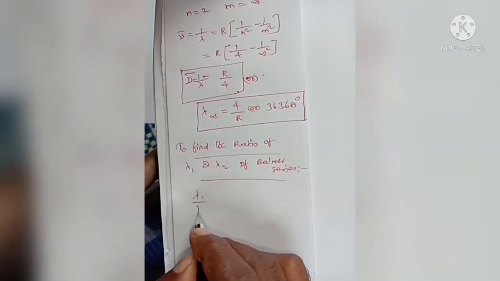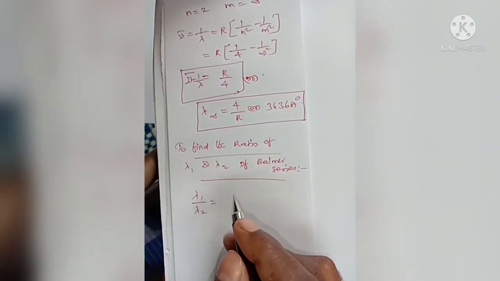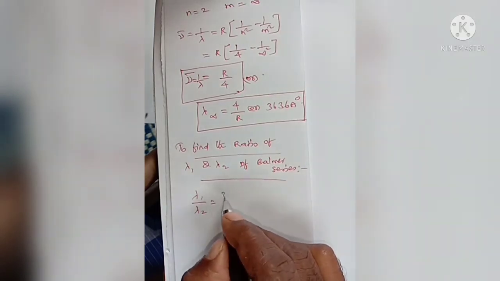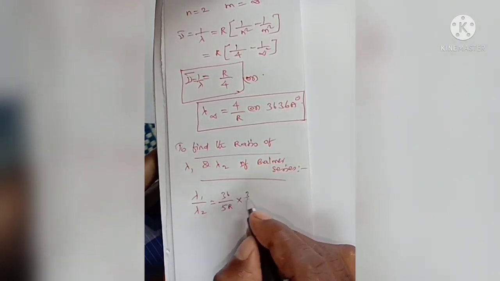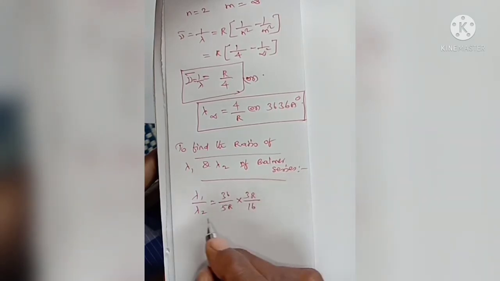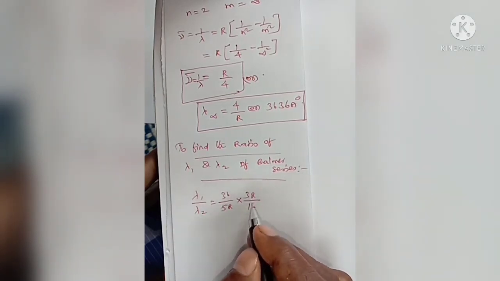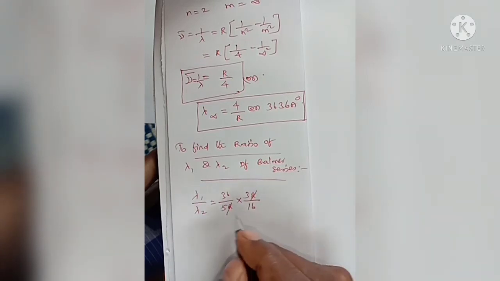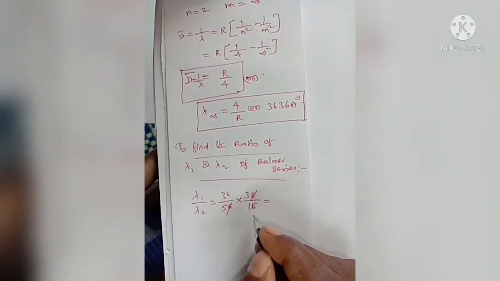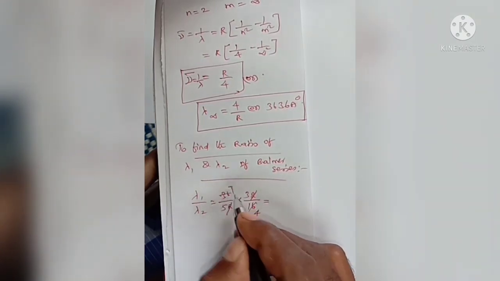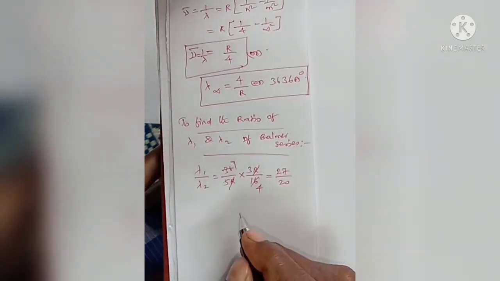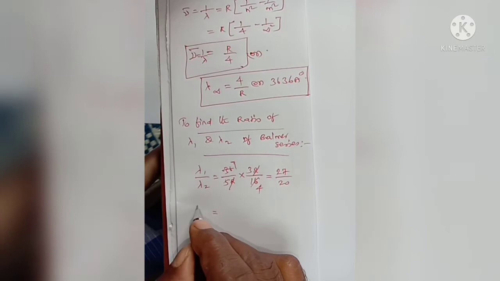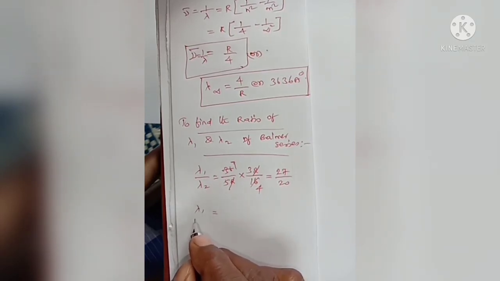So lambda 1 divided by lambda 2 is equal to, what is the lambda 1 value? 36 divided by 5R, into 3R divided by 16, which is the lambda 2 value reciprocal. Simplify, and the final answer: this is 4 times, this one is 9 times, and the final answer is 27 by 20.